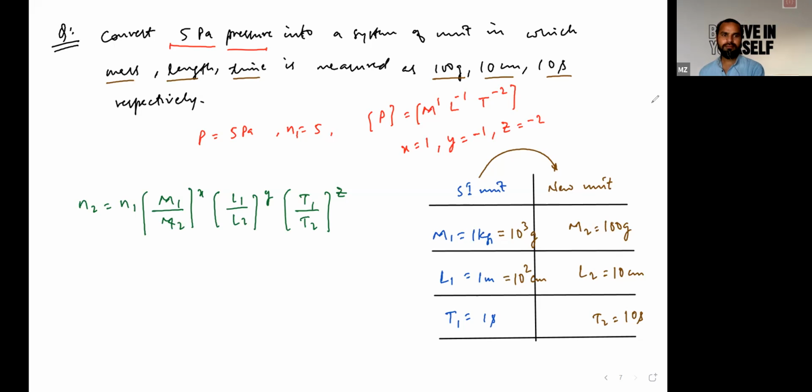Ikra, check your answer. No, Shakir, just check your calculation. So it's wrong. Okay, sir. Wait a minute. Just see the exponential. Y is nothing but -1 and Z is nothing but -2.